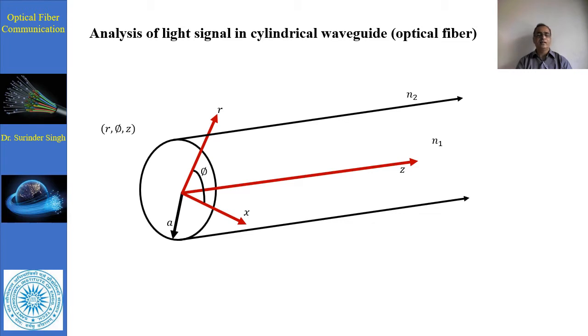For the cylindrical coordinate system, we consider r, phi, and z as the directions. Here a is the radius of the fiber, n1 is the refractive index of the core, and n2 is the refractive index outside the core. So when r is greater than a, then n2 is the refractive index that has to be considered for our assumption.